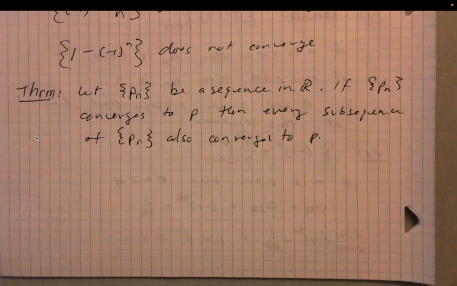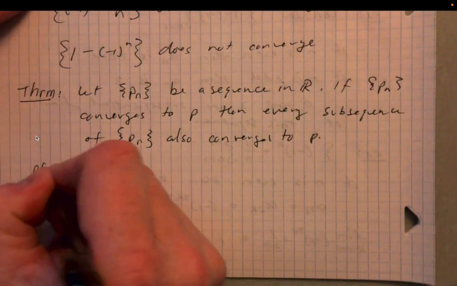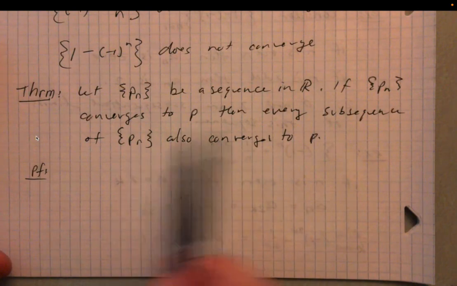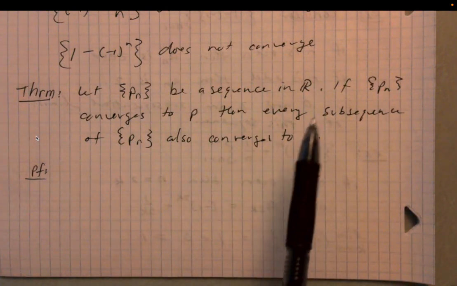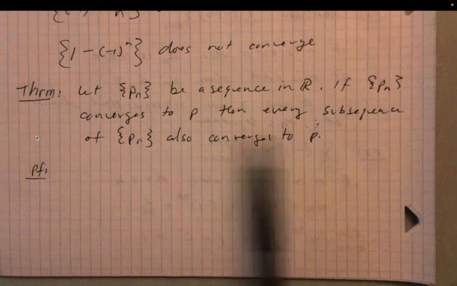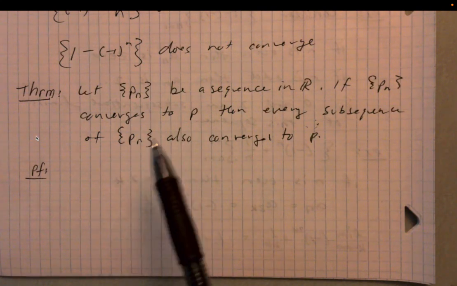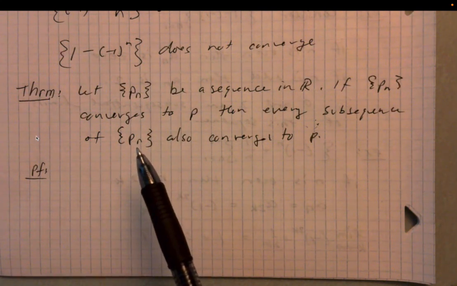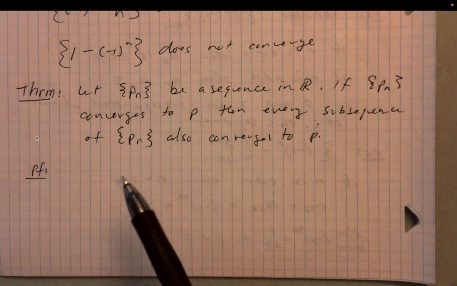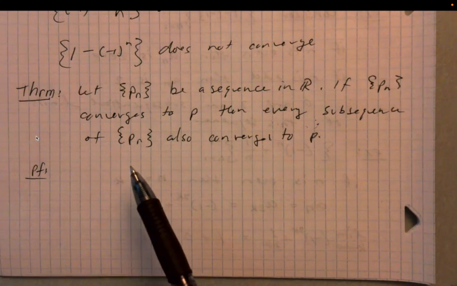Now this one is very easy to prove, and I think this isn't terribly difficult to believe. If you think about it for a second and you really understand the idea of what a subsequence is, I think this is pretty intuitive.